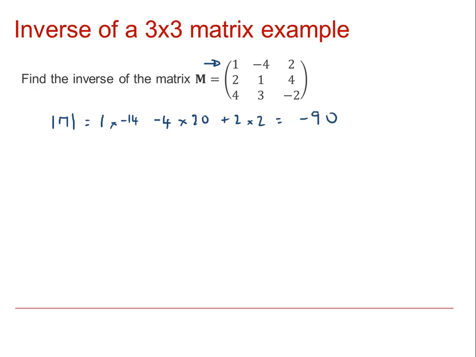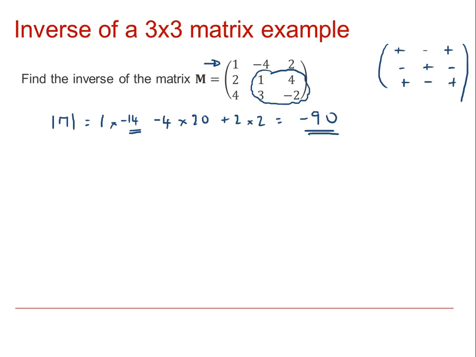Remember, the cofactors are produced by looking at, for example, for 1, the determinant of that 2 by 2 matrix there, -2 minus 12 giving the -14. And do remember the pattern that you need to apply to the cofactors to make sure that you get the correct sign for their values.